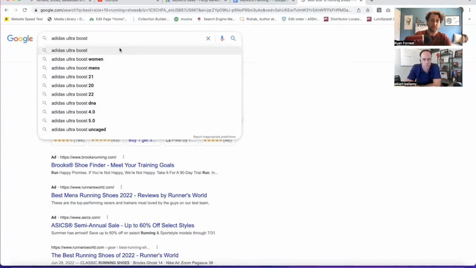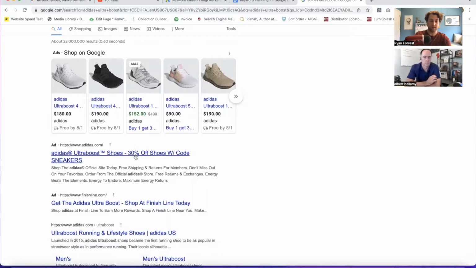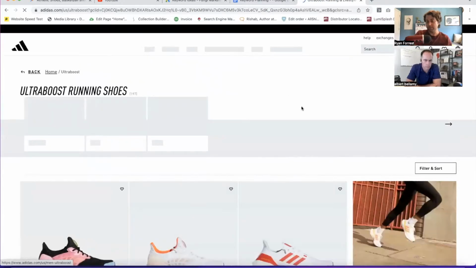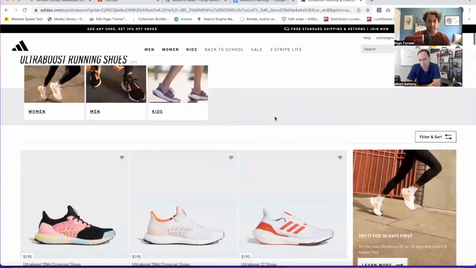So if we just do the general term, okay, Adidas is advertising. They're advertising all the top listings here, and then Adidas here. So if I click on this, Adidas is going to pay $12 to Google. Adidas just paid $12 to Google. Sorry, Adidas, I'm not going to buy your shoes.